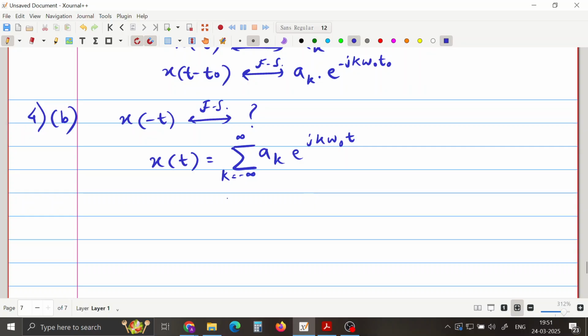Now, what about x of minus t? If x of t is this, then you replace t by minus t. So this is ak e power jk omega naught t, where this negative sign comes here, right?